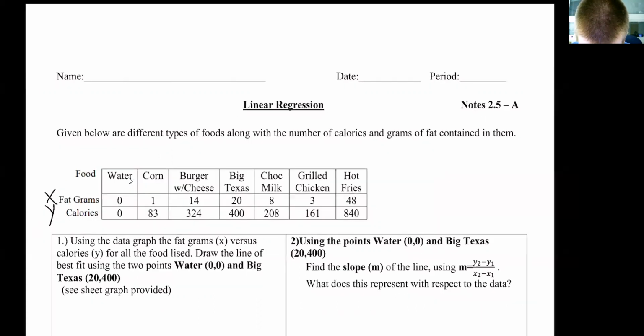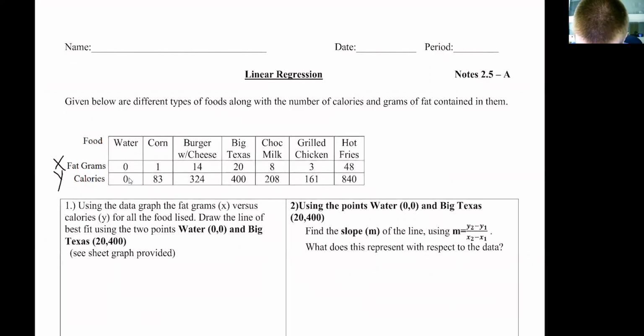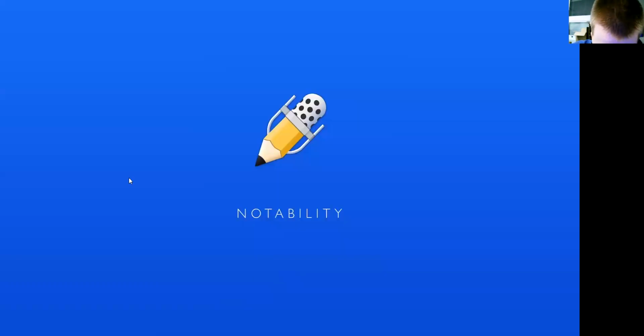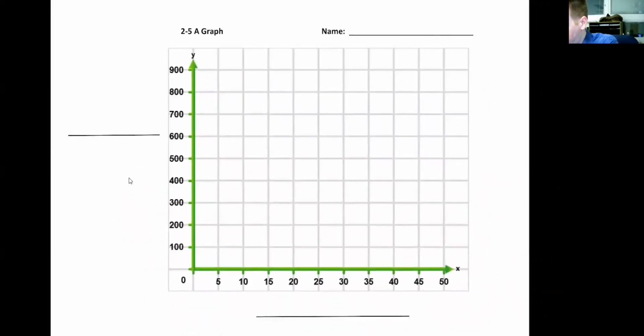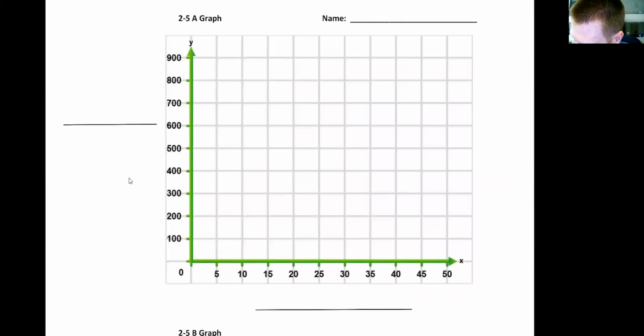The first thing they're going to ask us to do, number one, is using the data, we want to graph these on our graph sheet. This is our 2.5a graph, and that's the note sheet we're looking at. We just want to plot our points, but before we even start plotting, you want to label your axes. Your x-axis always goes on the bottom.